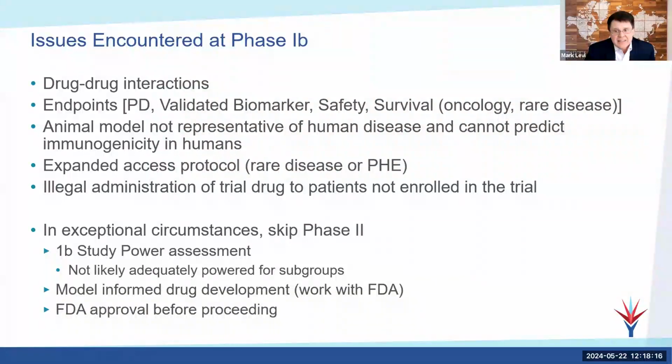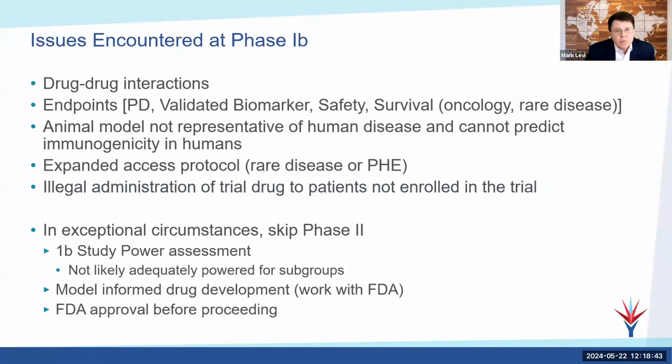This is the downside of a phase 1b trial, because you have a situation in the rare disease space where there are no drugs and you have a potential drug, but the patient either could not get in the trial because of the enrollment criteria or for some other reason.